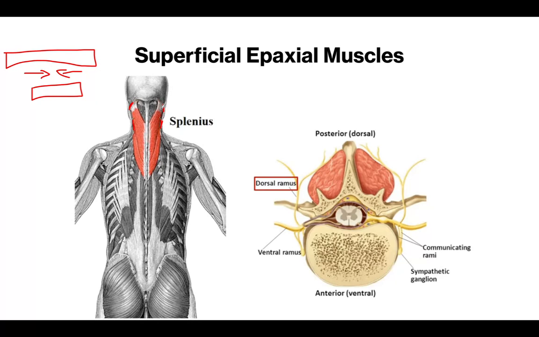So the muscle is going to contract and it's going to pull the body in this direction. You have to visualize this muscle getting shorter. So the action is going to be extending the head. Essentially, the head is going to be tilted posteriorly because it's pulling at the back of the head.